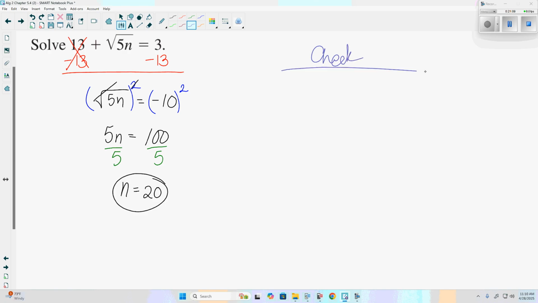Telling us that our solution, our value of n for this here is 20. Before we call this good, we'll go on and check. 13 plus the square root of 5 times 20 is equal to 3.